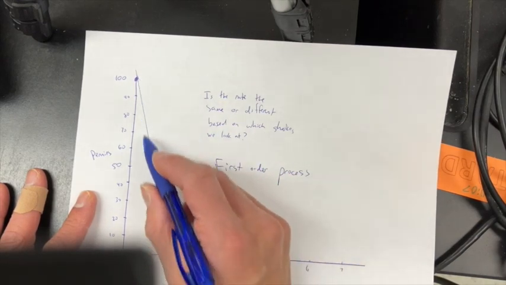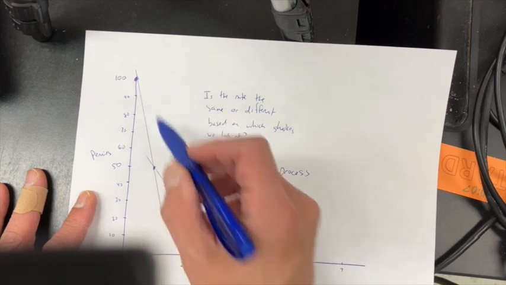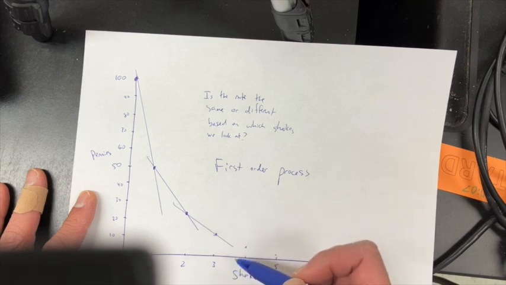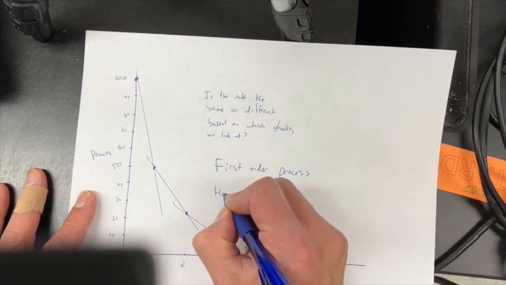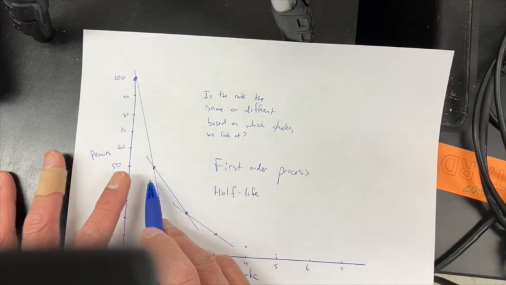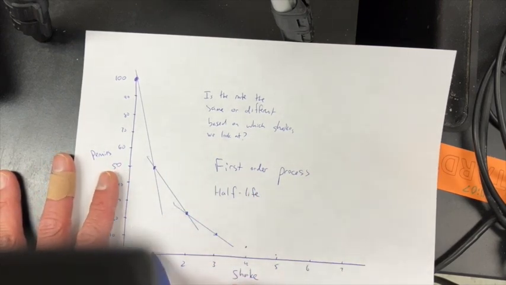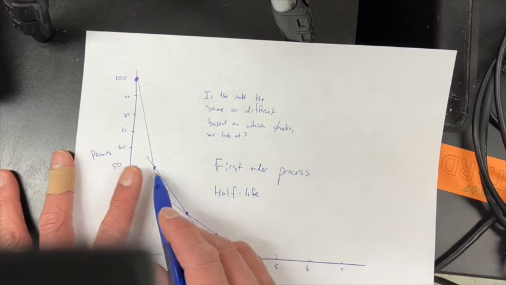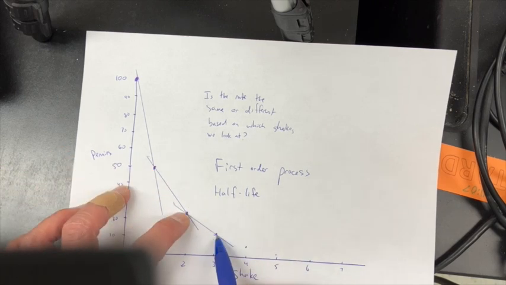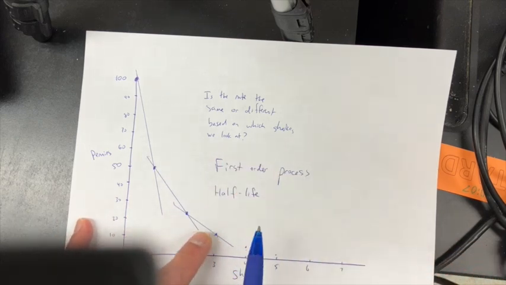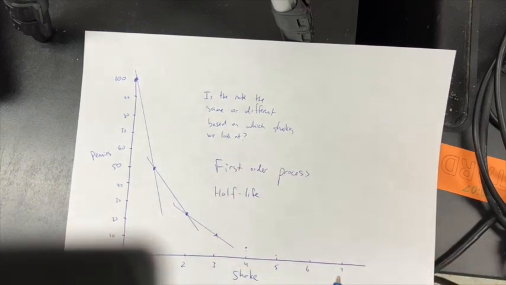So a half-life is where every cycle, the amount of something decreases by half. So this has a half-life, and every cycle of something, so this is a shake for this instance, I'm cutting it by half, I'm cutting it by half, I cut by half, and it's the same time every time. Okay, so we will talk more about what these two processes are and how we can tell them apart.